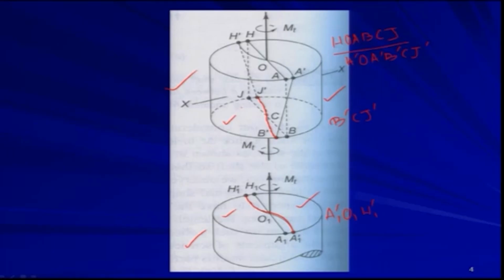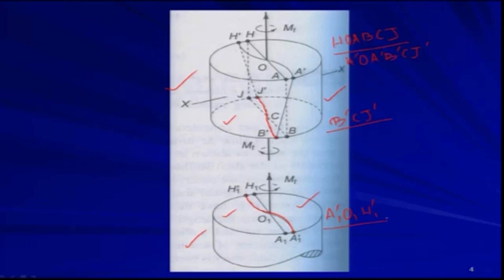Now, if their radius or the rotation of the radius is such that it makes B prime C J prime line in the upper part, and in the lower part it makes A1 prime, O1 and H1 prime, are they matching? This is the first question.